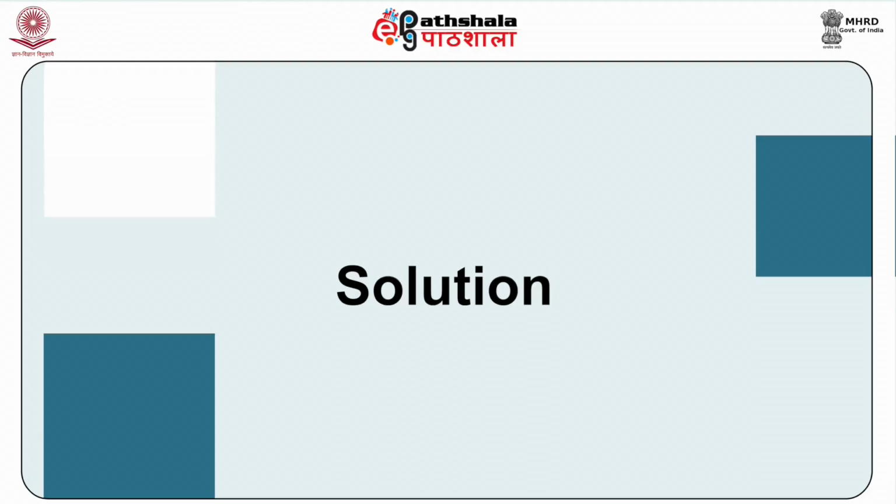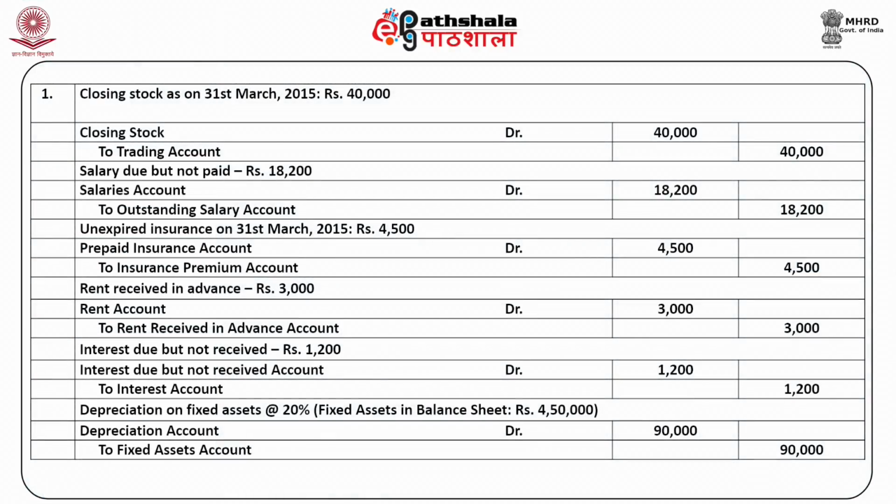Solution: in the books of Lakshmi Enterprises, journal 1. Closing stock as on 31st March 2015, rupees 40,000. Closing stock is debited to the credit of trading account, 40,000. 2. Salary due but not paid, 18,200. Salaries account debited to the credit of outstanding salary account by 18,200. 3.